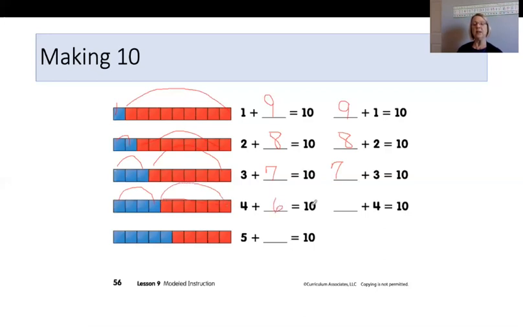And we can say 6 plus 4 is 10. And then, of course, we can do doubles. 5 plus 5 is 10. And of course, you know that if we flip 5 around, we still got 5 plus 5, which equals 10. So we can use making a 10 to help us solve problems.